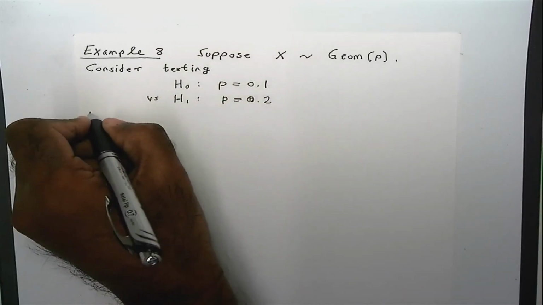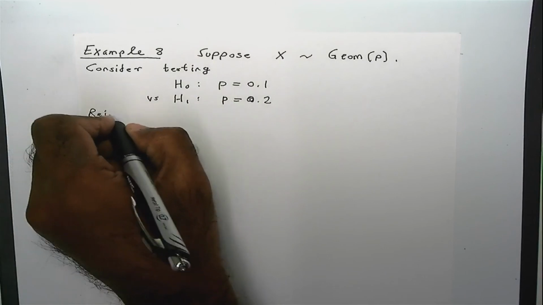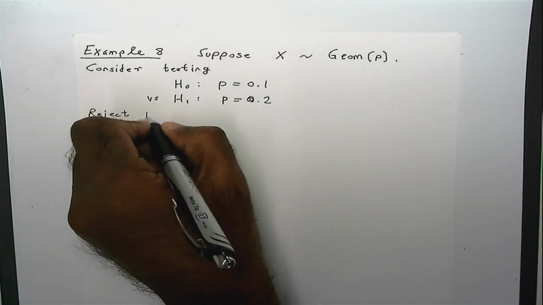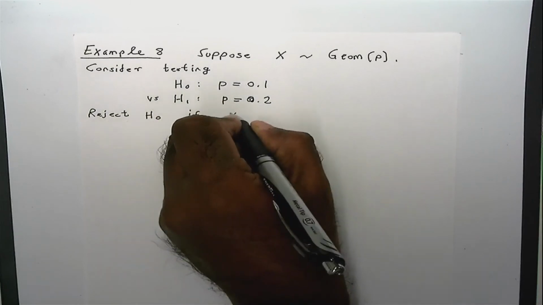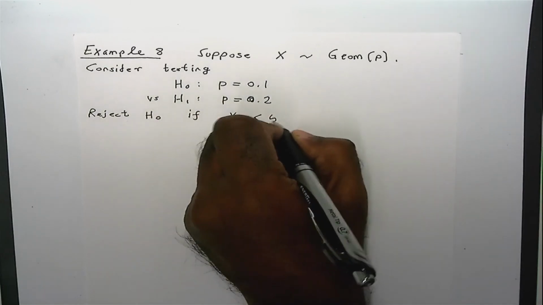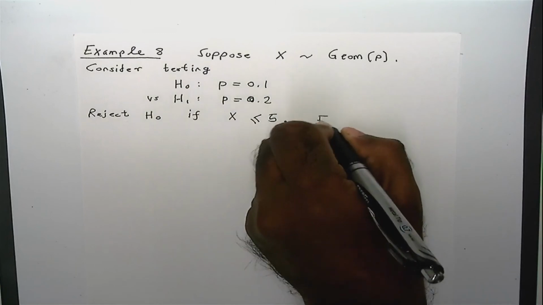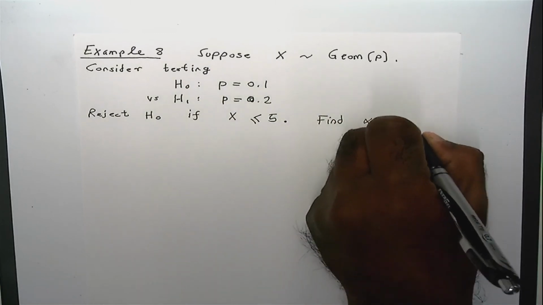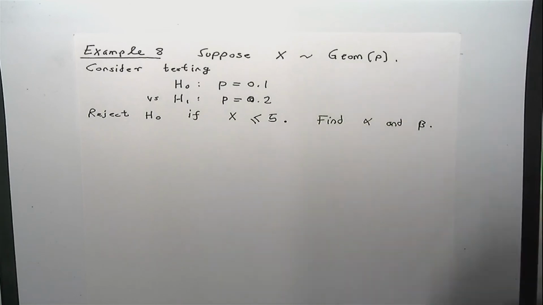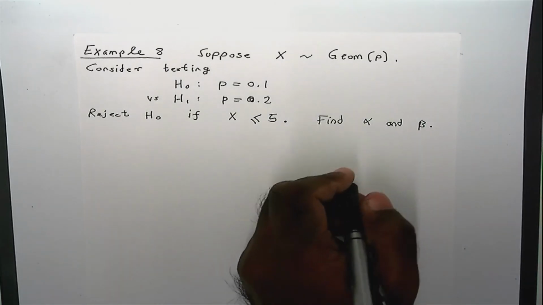And suppose we reject H0 if x is less than or equal to 5. The question is to find alpha and beta. Remember, alpha is the probability of type 1 error, and beta is the probability of type 2 error.